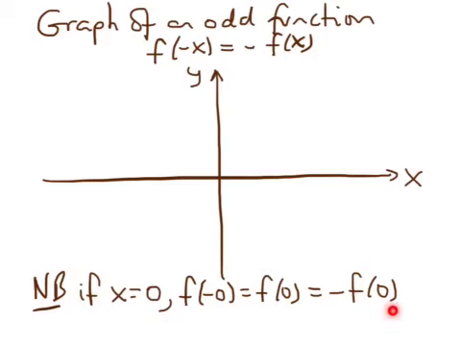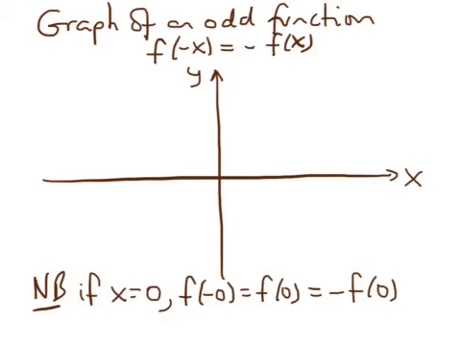And if we have this relation, there are only two possibilities. The first possibility is that the graph might pass through the origin. After all, the only thing which is equal to minus itself is 0. So that's one possibility. However, another possibility is that the function may not exist at 0.